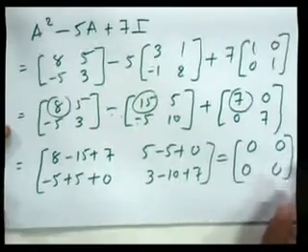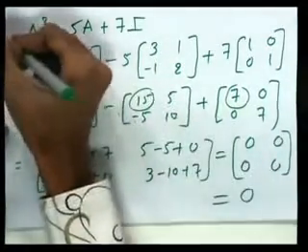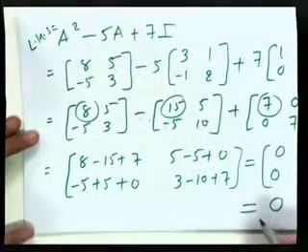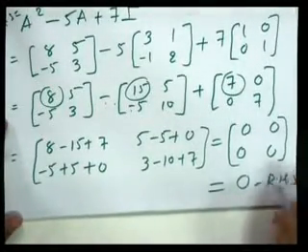So this is the null matrix, which is equal to 0. This one is our left hand side and this is our right hand side. Okay, so we have proved that A square minus 5A plus 7I is equal to 0. This example was asked in July 2000.